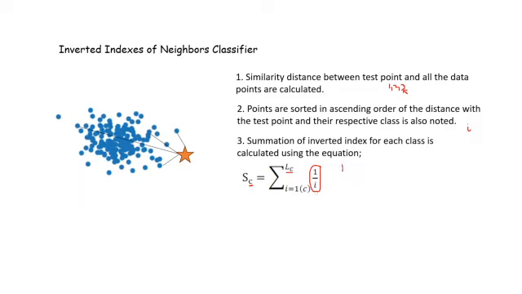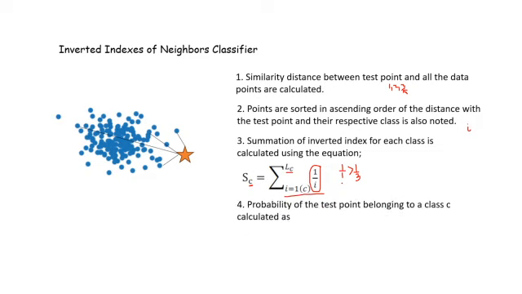But 1 by 1 is always greater than 1 by 3. And in fact, this is what we want. We want the further points to have a lower impact on this summation for a particular class. So this is the reason why we are taking the inverse of this i.